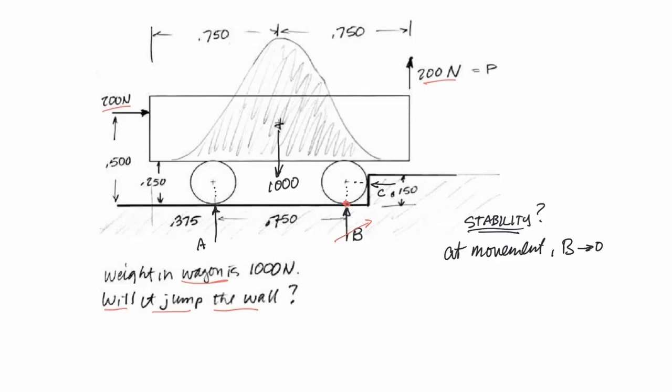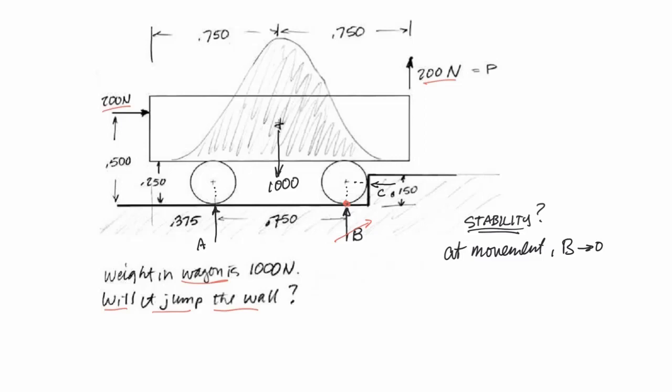So my approach here is going to be to solve this as an equilibrium problem and find out if there is a contact force at B, and if there is a contact force at B, then it is in a stable configuration, and it really is an equilibrium, and it's not an unstable situation.